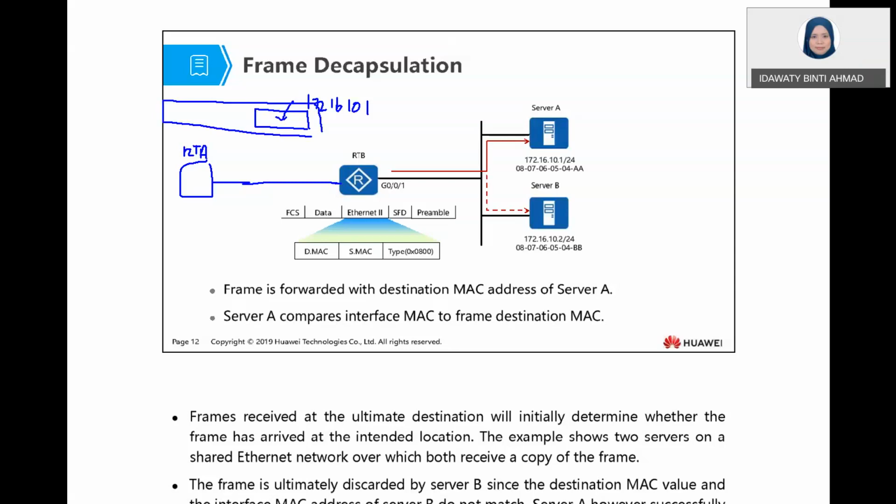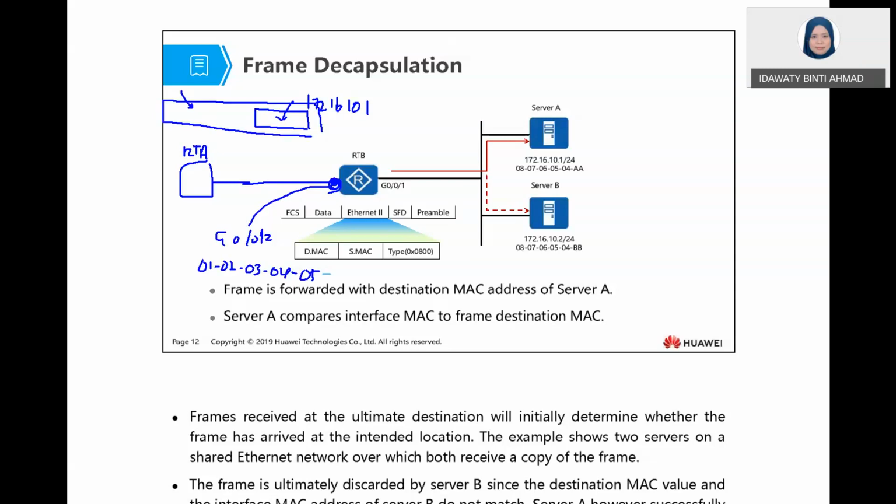The destination here, we assume this is G0/0/2 just now, and we assume the MAC address is 01, 02, 03, 04, 05, BB.